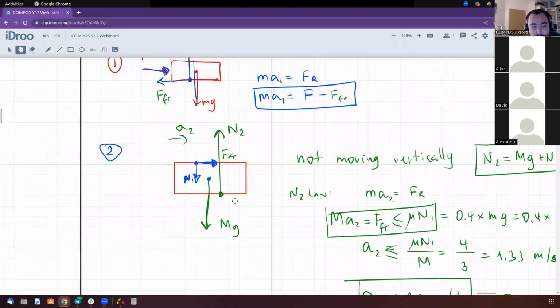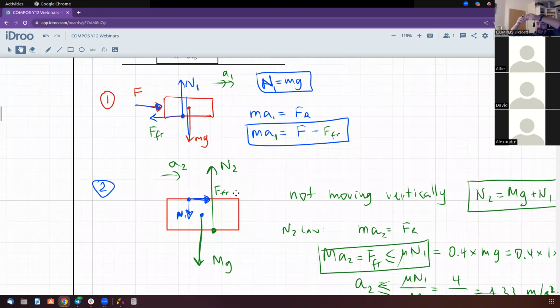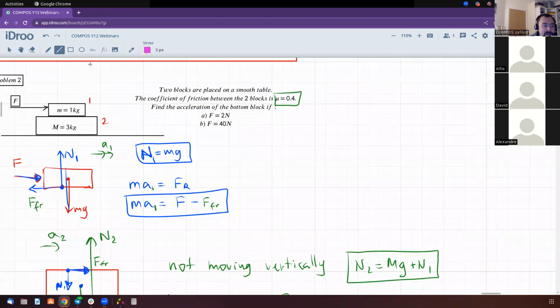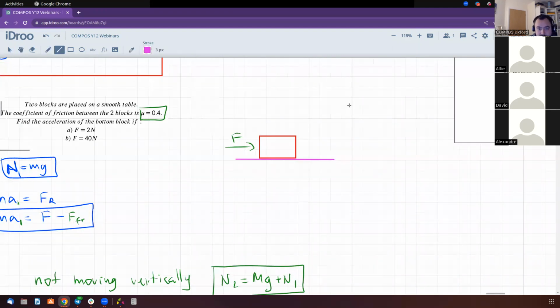So how does it work? Well, if you push too hard, the top block starts sliding. If you keep increasing the force, the friction force will not increase. It will increase at first. I remind you that if you have a stationary block on a table and you have a force F, the friction force increases to a maximum value and then levels out.